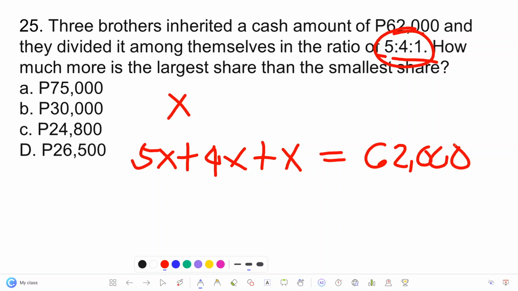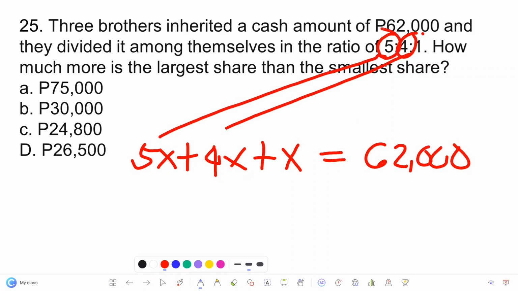Okay? Paano nangyari ito? Dahil ang isang parte mo ay x, so definitely ang 1 mo ay 1 times x is x. Okay? So kapag multiply mo naman siya sa 4, ito na yung part na 4x at ito naman ang part na 5x.